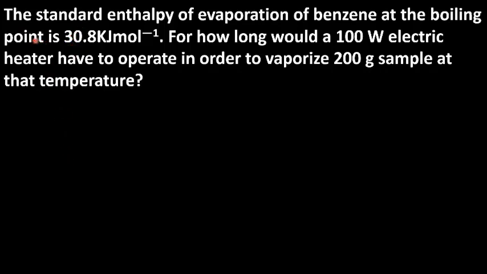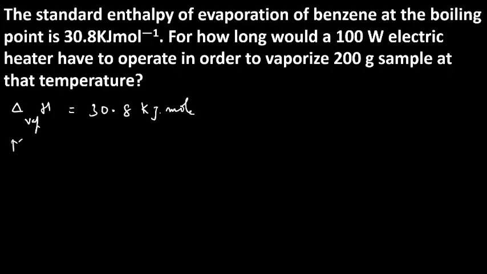The problem here is: the standard enthalpy of evaporation of benzene at the boiling point is 30.8 kilojoule per mole. How long would a 100-watt electric heater have to operate in order to vaporize a 200-gram sample at that temperature? Here, delta H vaporization is equal to 30.8 kilojoule per mole.